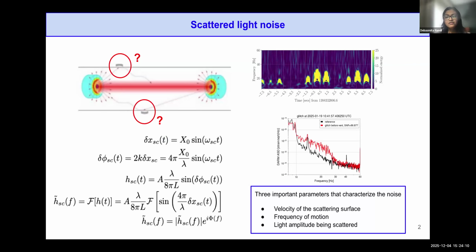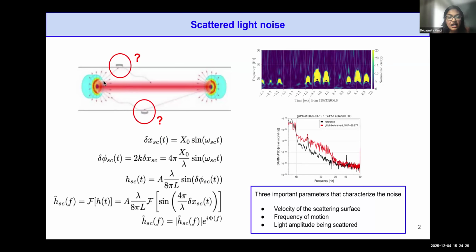To begin with, I will go over a brief introduction about scattered light noise. This figure shows a simplified schematic of how this noise couples into the detected data. Because of some inbuilt imperfection, all the mirrors scatter a certain fraction of the light incident on them.